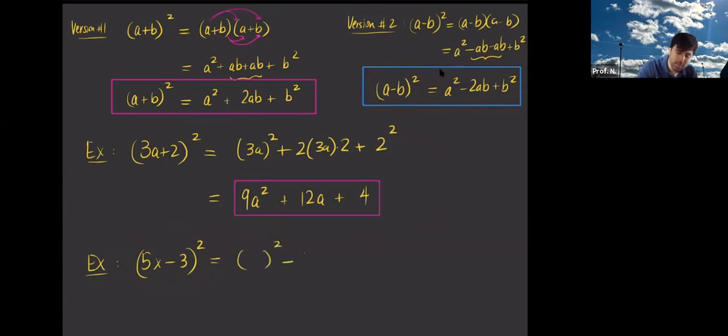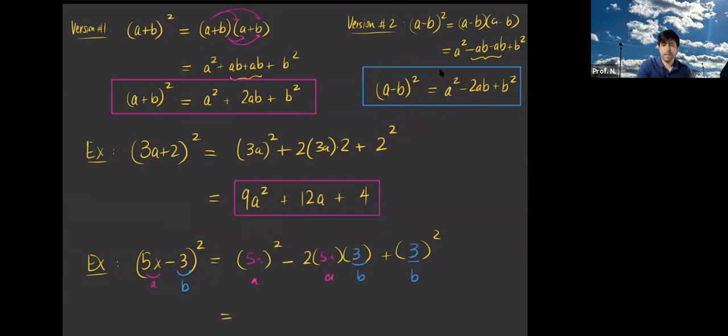I'm going to have minus 2 times something plus something squared. But what are those somethings? So the 5x here is going to be the a. So I'm going to have 5x, 5x. Then what's going to be my b's? My b here is going to be 3. Then my b here is going to be 3.